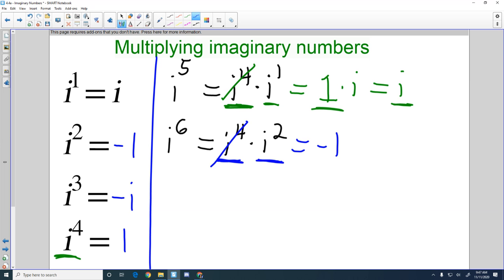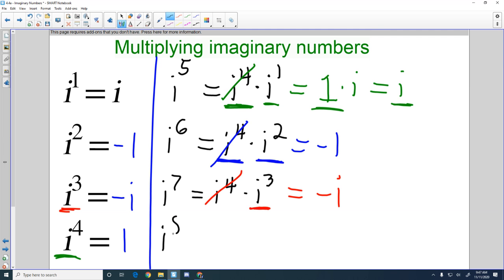And look at this. If we go to i to the seventh, we rewrite that as i to the fourth times i to the third. And it happens again. i to the fourth is a positive 1, so we can essentially ignore it. It's not going to change our final answer. So just take out that multiple of 4, and we're left with just i to the third power. And looking back over here, i to the third was equal to a negative i.